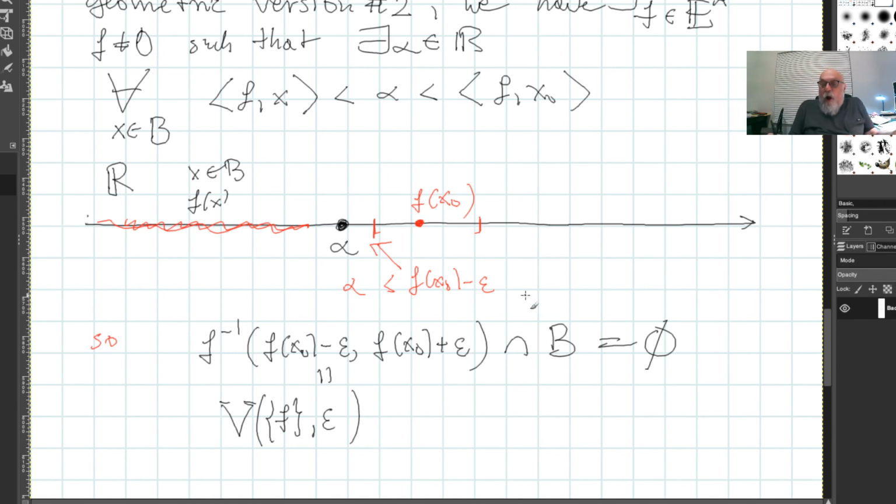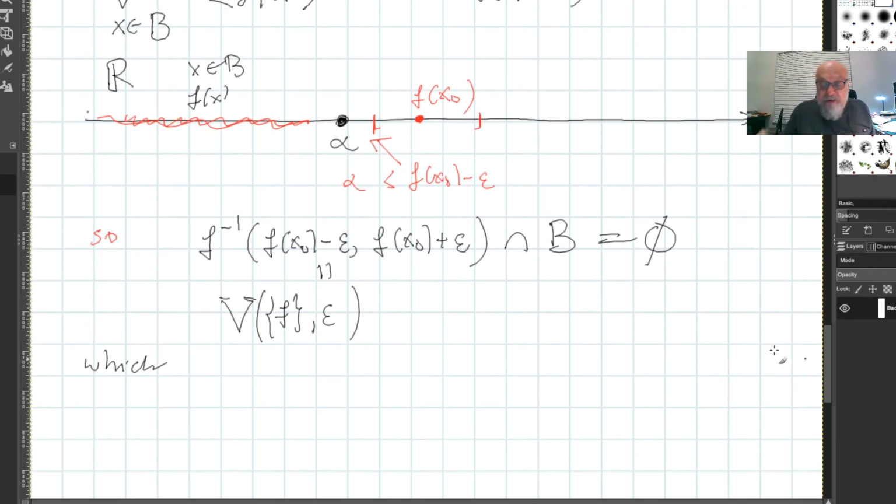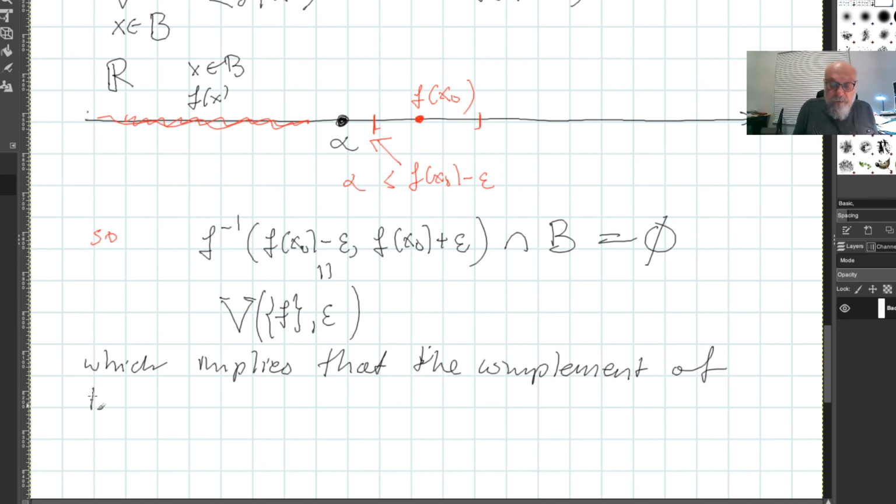So there is an open weak neighborhood that does not intersect B, which implies that the complement of B is weakly open.